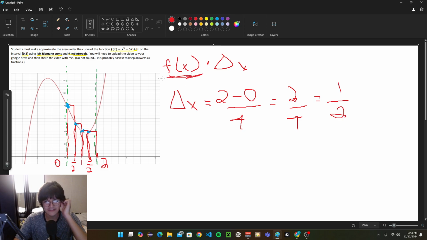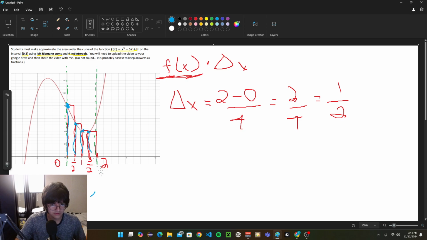So to get this f of x part, essentially what you have to use is the left points. So here we have to use this. So this would be 0. So you would use 0 for your f of x. You would use 1/2. You would use 1.